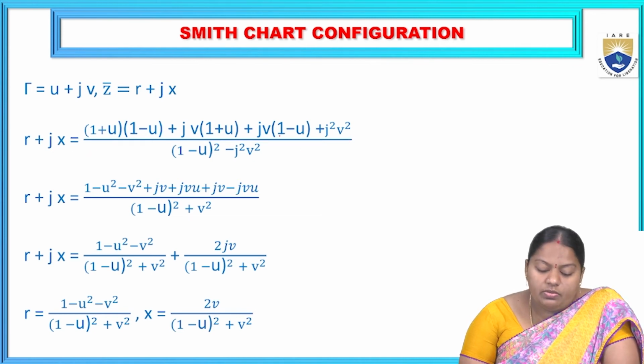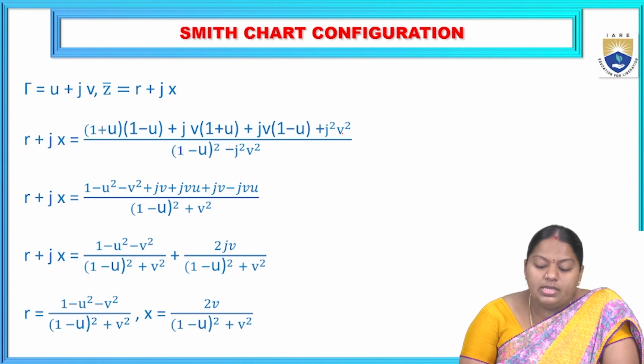Now multiplication between two means (1 plus u) into (1 minus u). This also looks like the a square minus b square form. Then it becomes, see, a square, 1 minus u square, and here j square into v square.